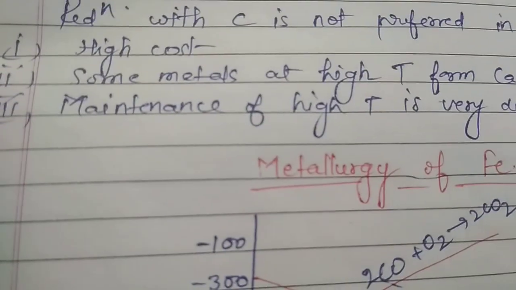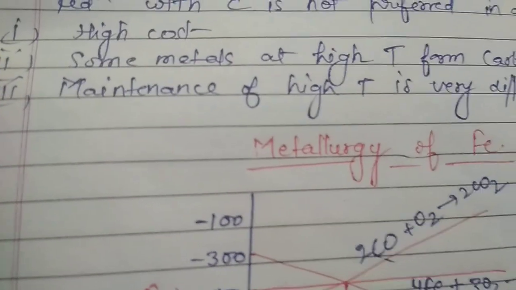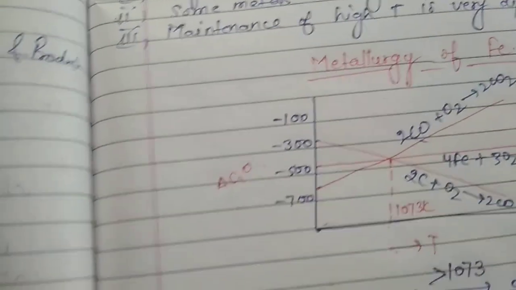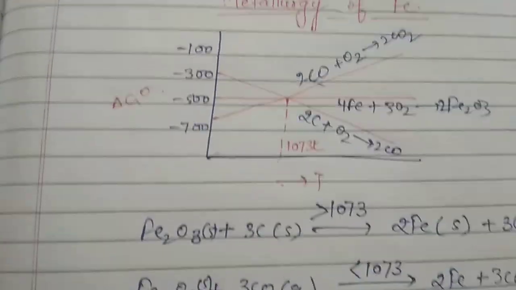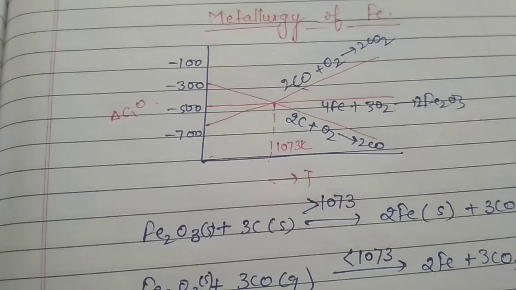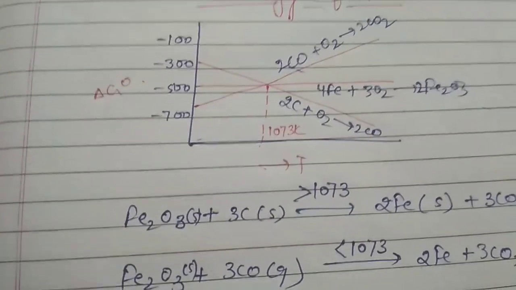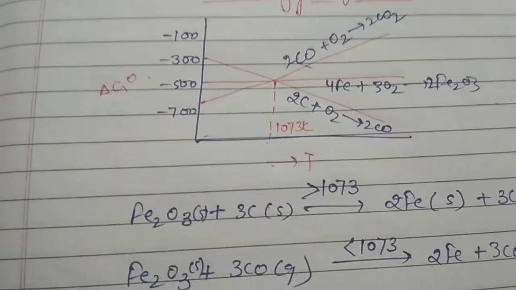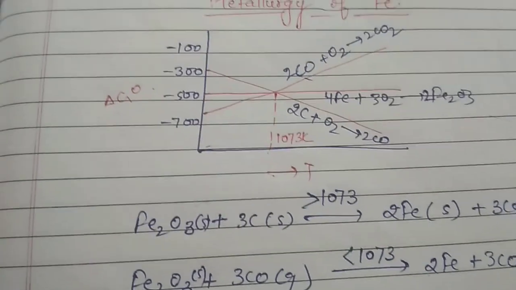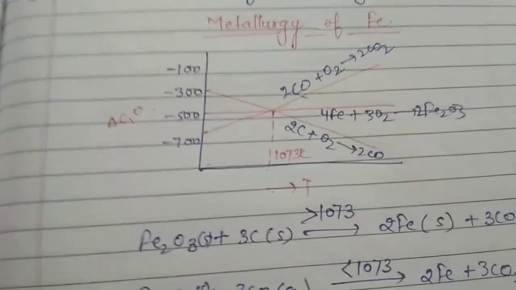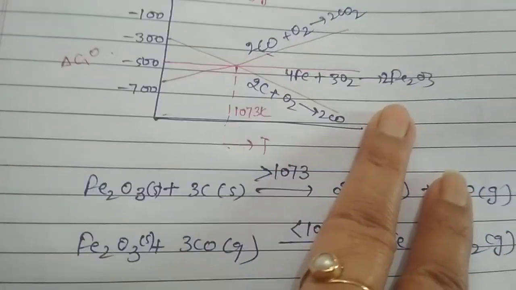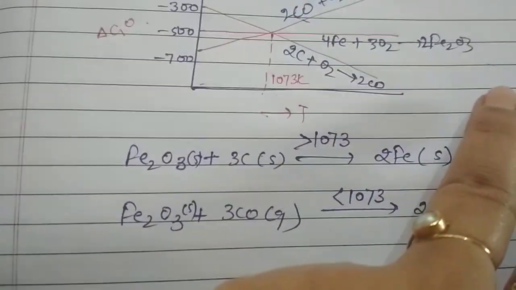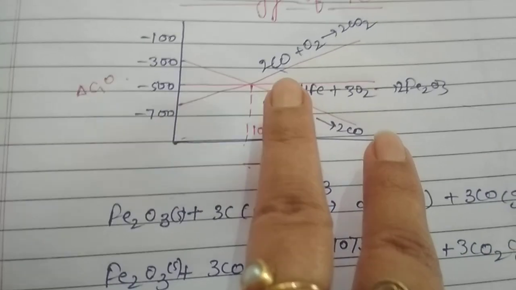Now dear students, we will study the metallurgy of iron first. So let's see the thermodynamic point of view with the help of the Ellingham diagram in case of metallurgy of iron. So here are three graphs that are interrelated to the reduction of iron oxide to the iron.